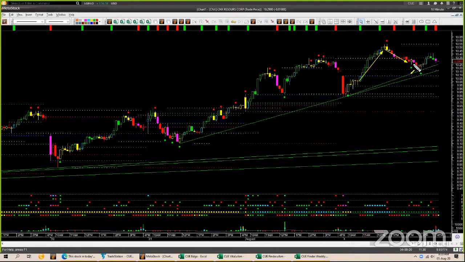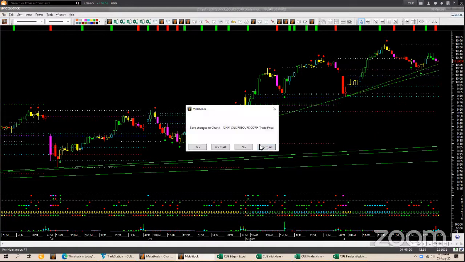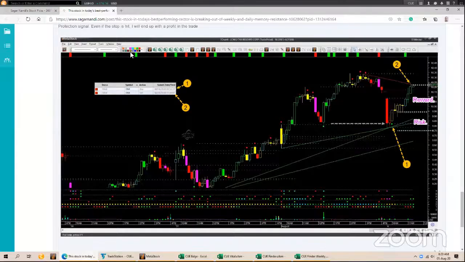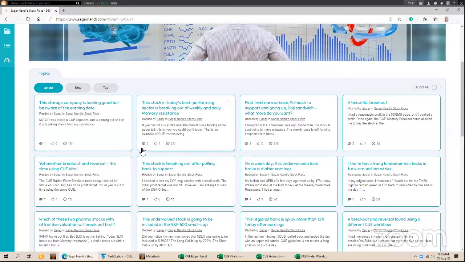CNX went up, pulled back further down, tried to go up, created a lower high, came down. Because it created this upper tail, because of this move, I exited the trade. Another reason I exited is because I didn't want to keep too many open trades where I have not booked partial profit. So those trades, that is YY, CNX, DLTH, I exited without them hitting my initial target or my stop.